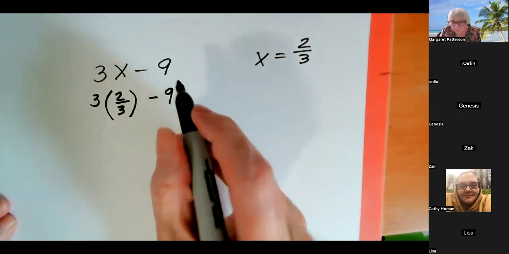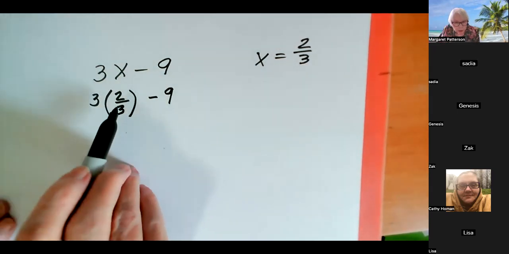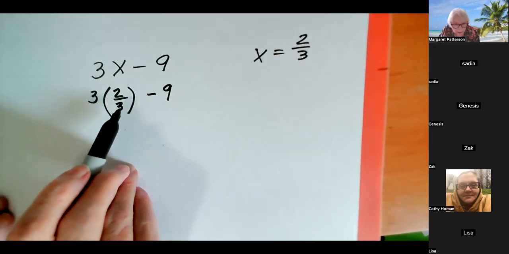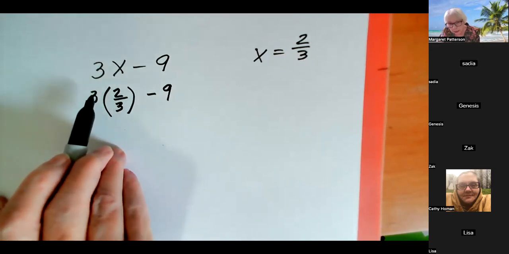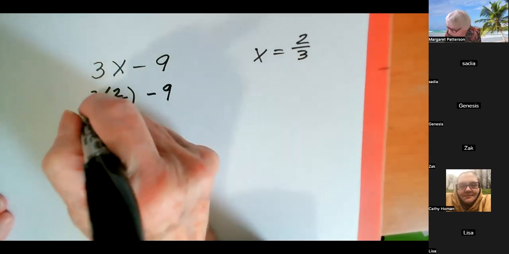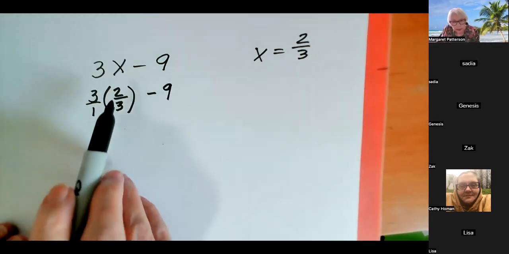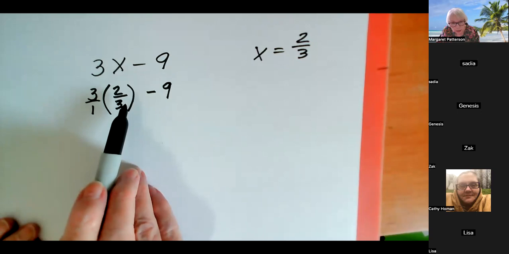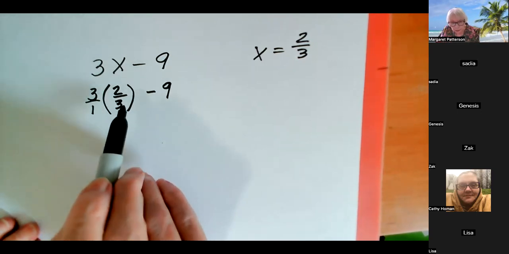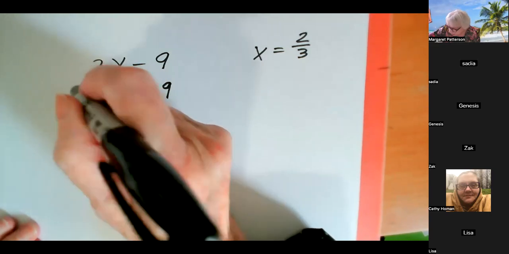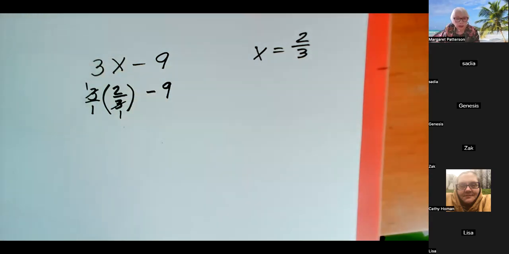subtract 9. So our skills with fractions kick in. Notice how I wrote the 3 high, and if I was smart, I'd put it over 1 so that I can clearly see this number and this number will reduce. So 3 and 3 are the same, so I can reduce them out.